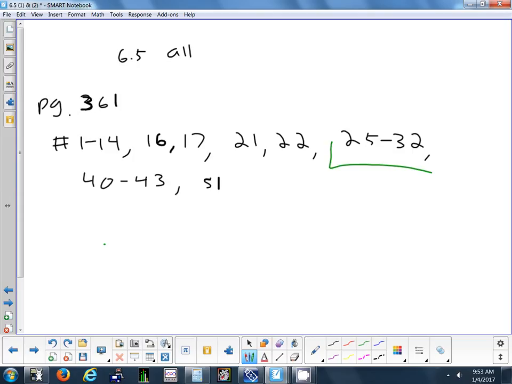Write it down. It'll be part of tomorrow. Skip that. And here, I just want you to do 41. And you can skip 51 for tonight. So skip 25 to 32, skip 51, and don't do 40 to 43. Just do 41.